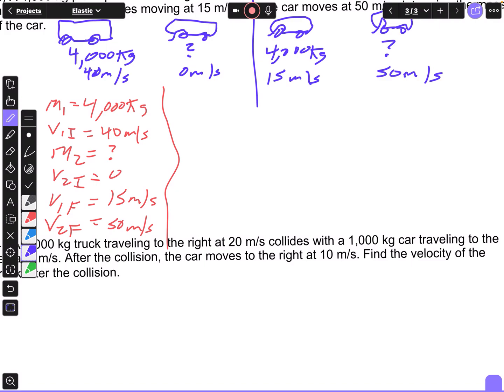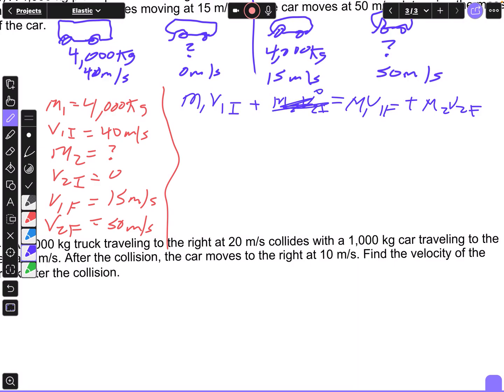Now my equation is M1 V1I plus M2 V2I equals M1 V1F plus M2 V2F. And then, again, V2I is equal to 0, so that's going to make this whole thing equal 0.